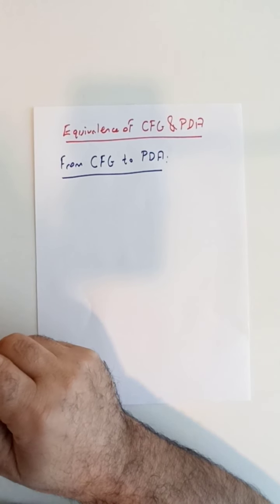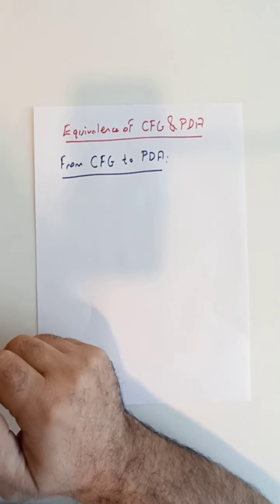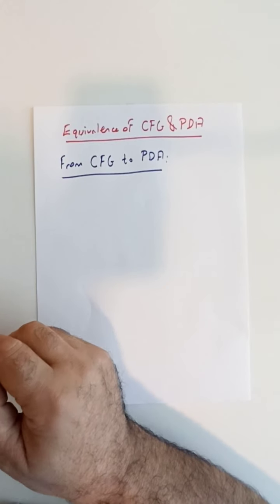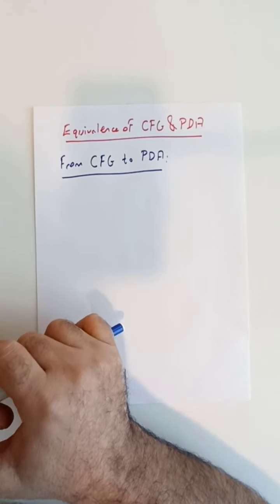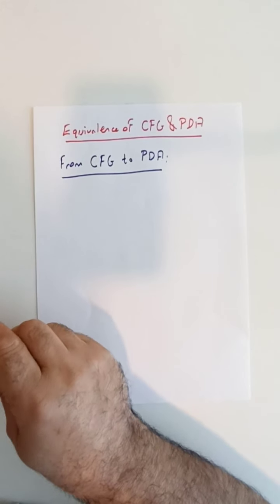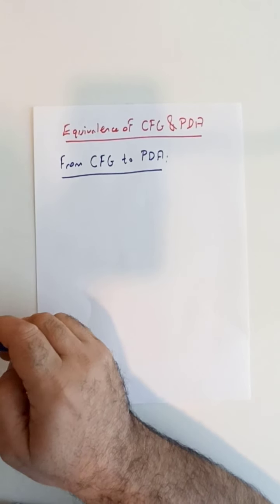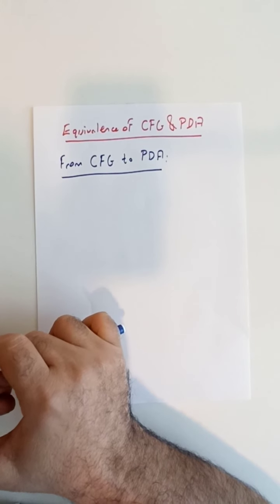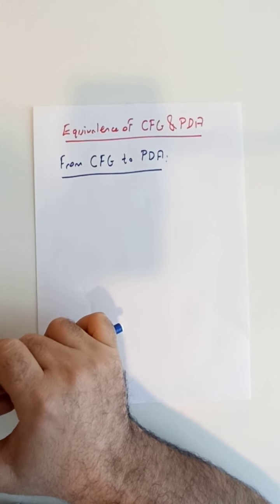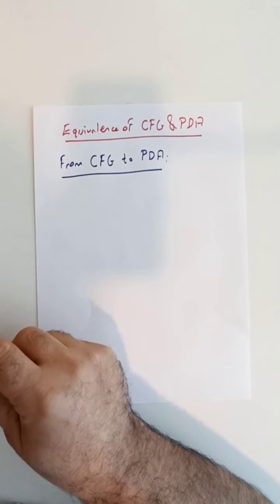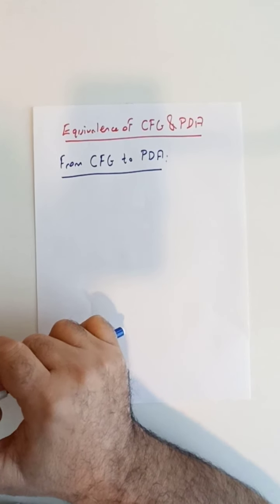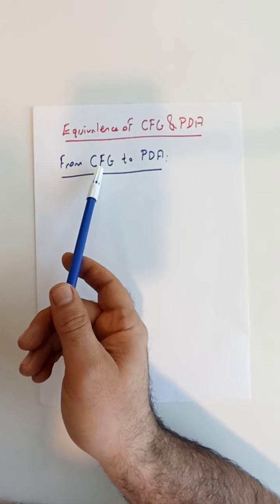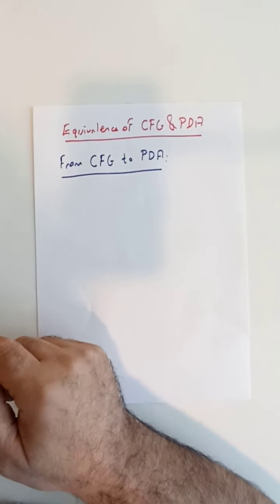And since there is non-determinism in the nature of context-free grammars, we can follow many different possible derivations to arrive at a string. If we can simulate all possible derivations using the PDA model, then we should be close to simulating the derivations of a given context-free grammar using the PDA model.